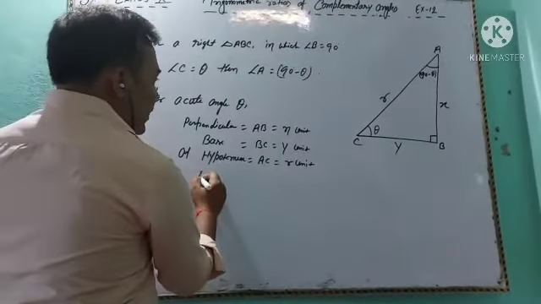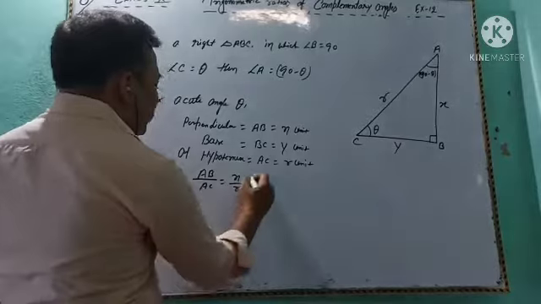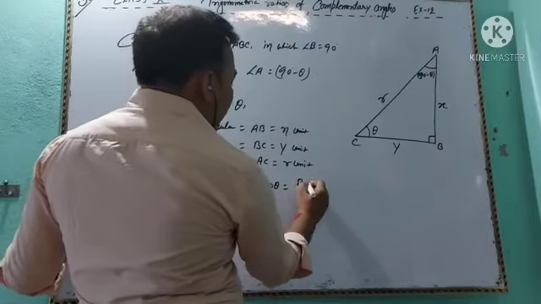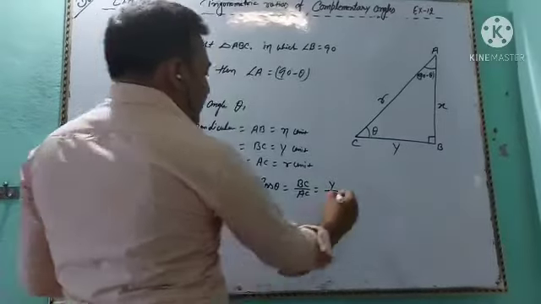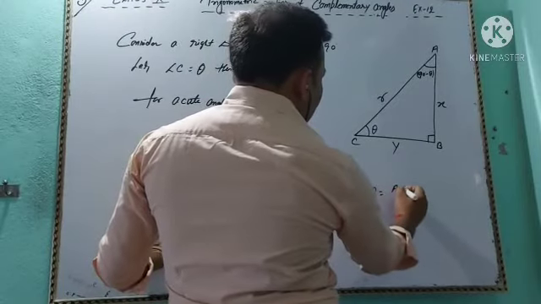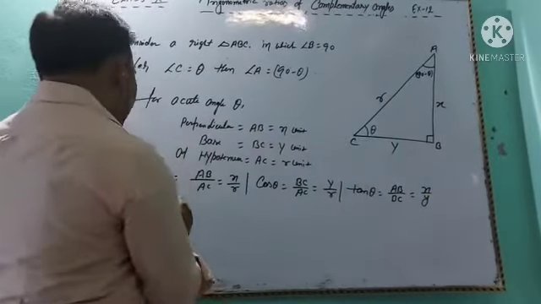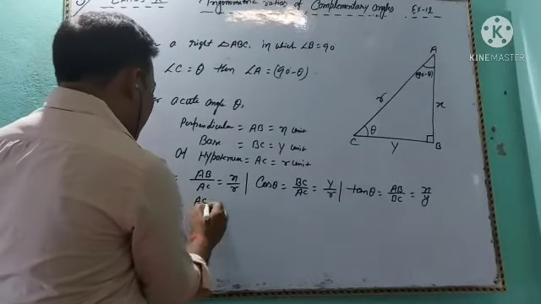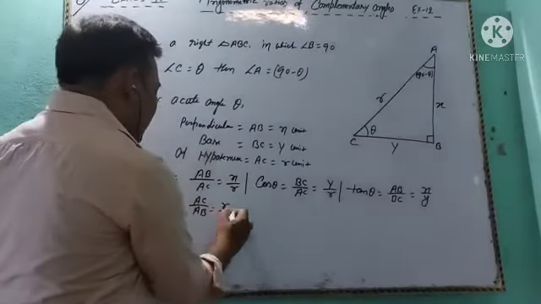So perpendicular is AB and hypotenuse is AC, that is X by R. Cos theta is equal to base by hypotenuse, that is Y by R, and tan theta is equal to perpendicular by base, AB by BC, that is X by Y. So students, the reciprocal of sin theta is cosec theta. Cosec theta is equal to AC by AB, that is hypotenuse by perpendicular, that is R by X.